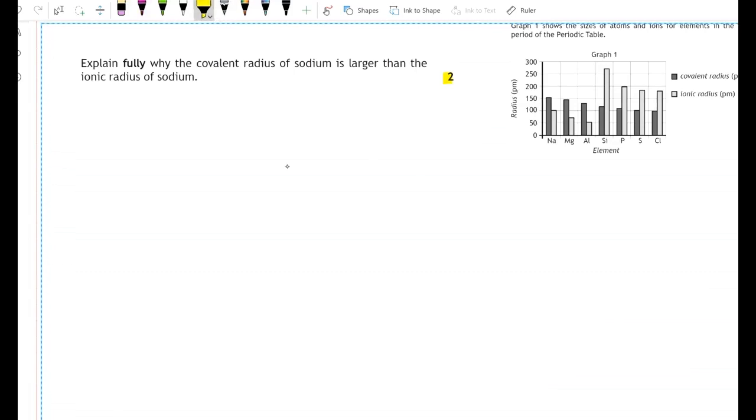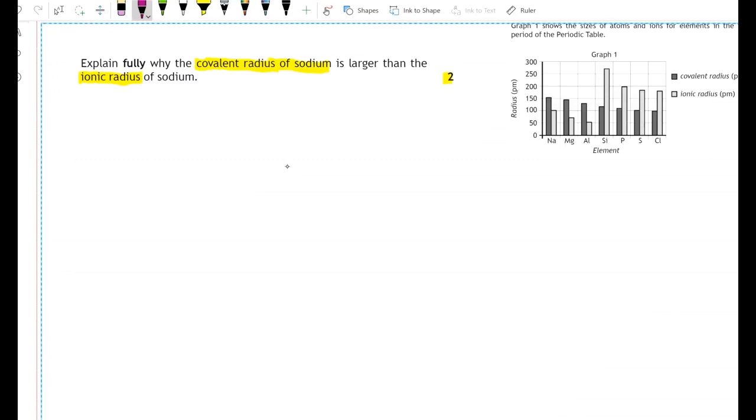So we already know that covalent radius represents the size of an atom, and then we're asked to compare it to the ionic radius and explain why it's larger. Okay, so 2 marks. So there are 2 distinct points that we need to cover here. The first thing I would do is show that you have an understanding of the size of a sodium atom compared to the size of a sodium ion.